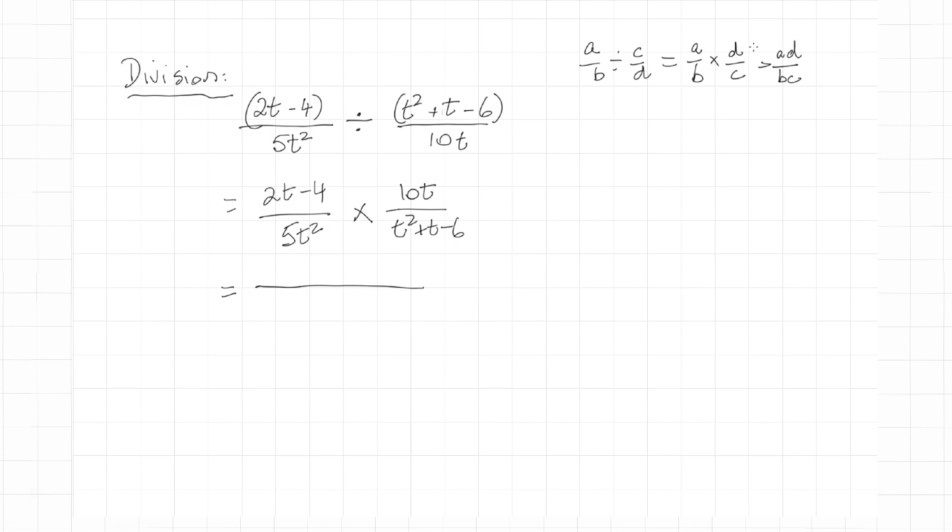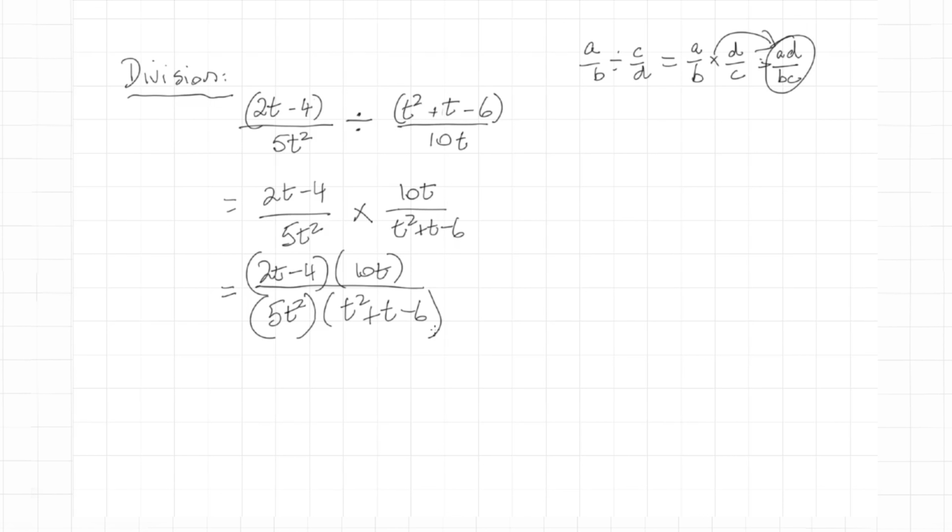So do the multiplication, which is doing this step from there to there. So I get 2t minus 4 times 10t over 5t squared times t squared plus t minus 6.